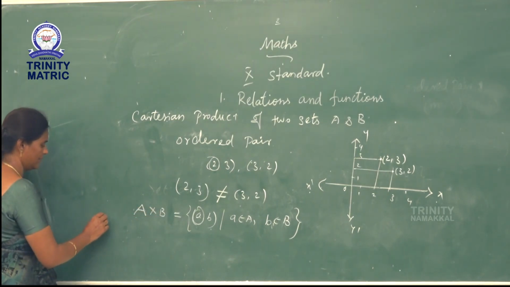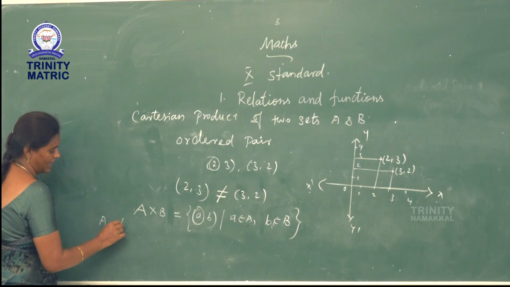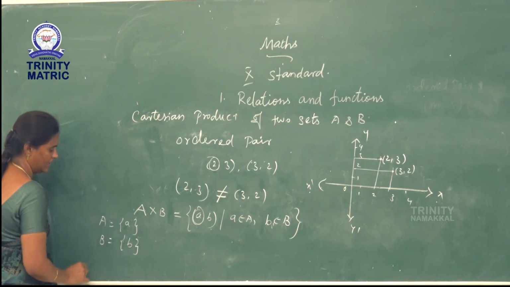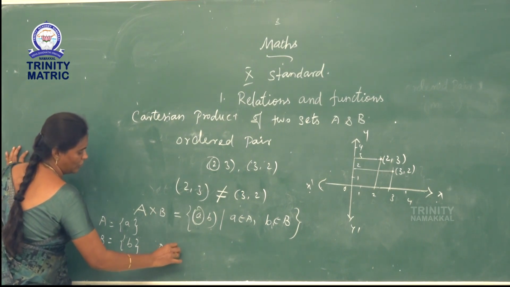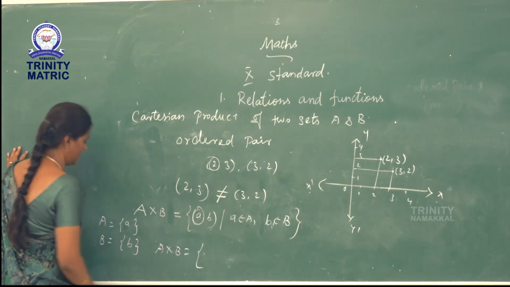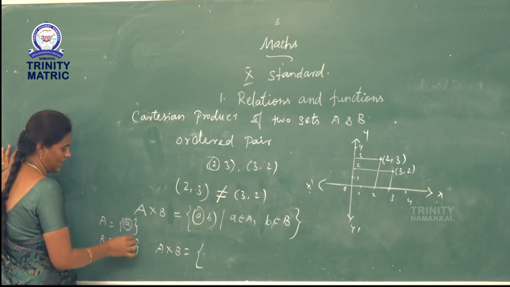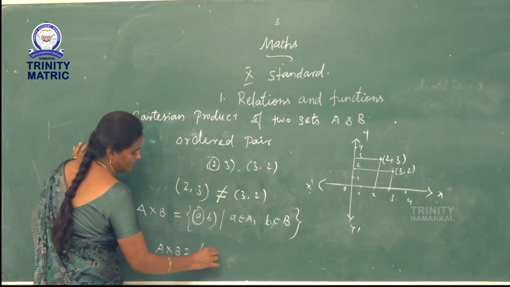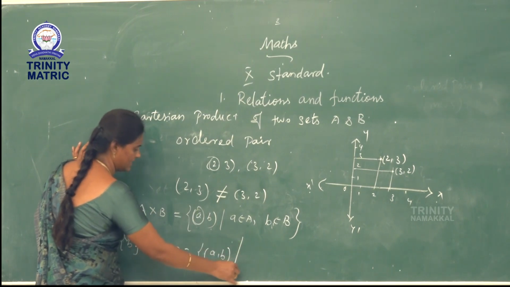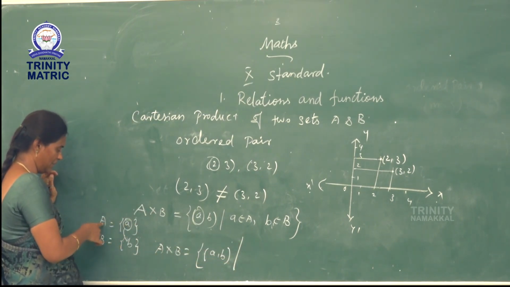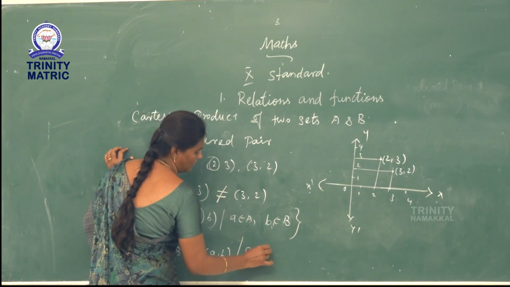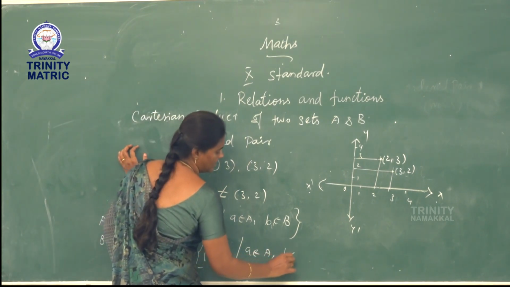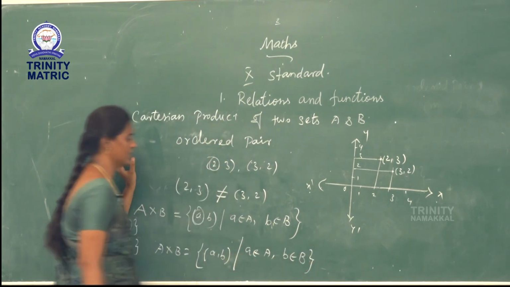For example, let us take the set A, the set B. Now we find the Cartesian product A cross B, which is equal to the elements assigned with this element in ordered pairs, that is A comma B such that this element A belongs to A, this element B belongs to the set B. This is the Cartesian product.